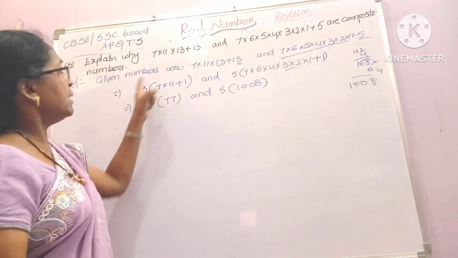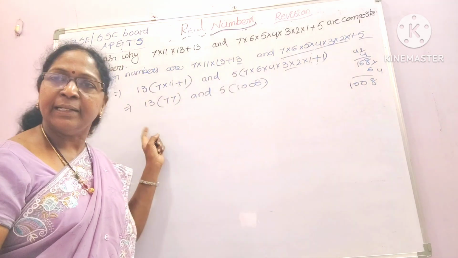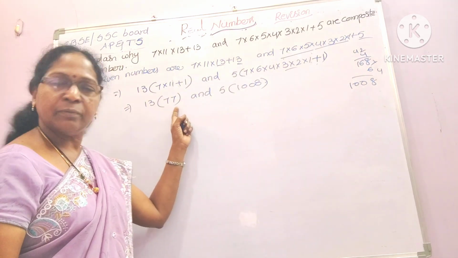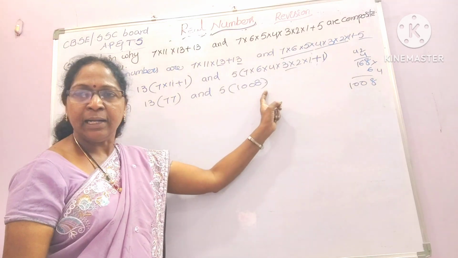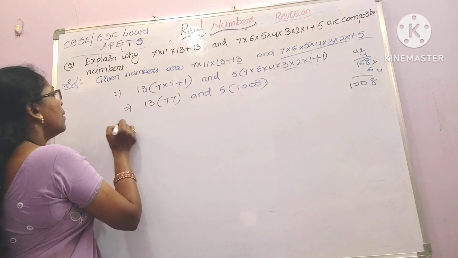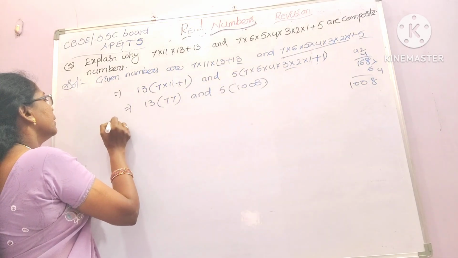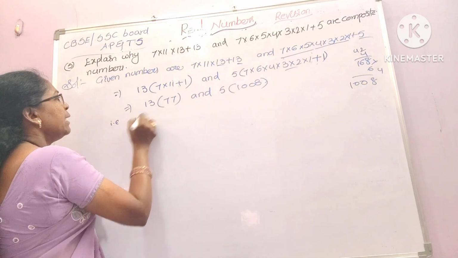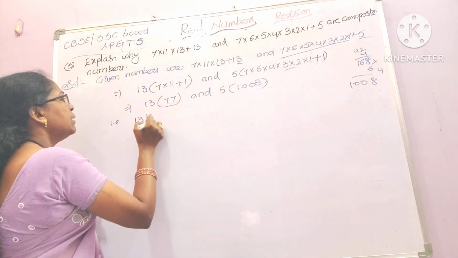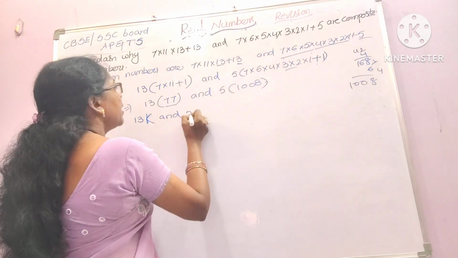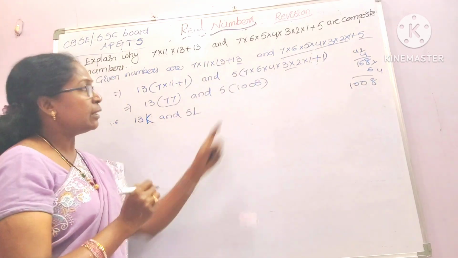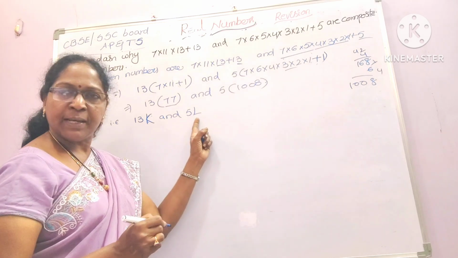1008. So this entire number can be written in the form of 13 into some number, and the second number 5 into 1008. This is in the form of 13k and this is in the form of 5l. 1008 you can assume as l.